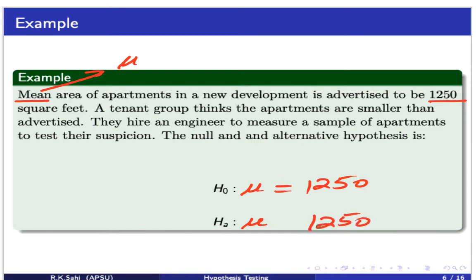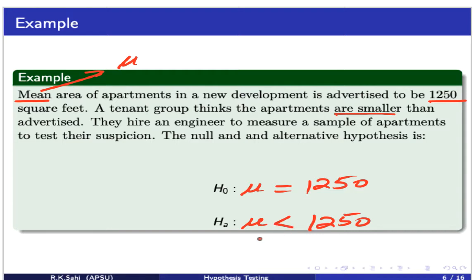The only thing is, what would go in between the mean notation and this number 1250? For that, once again, we go back and read the problem, the second sentence. A tenant group thinks the apartments are smaller than advertised. That's the key. That means the alternative hypothesis has a strictly less than symbol.